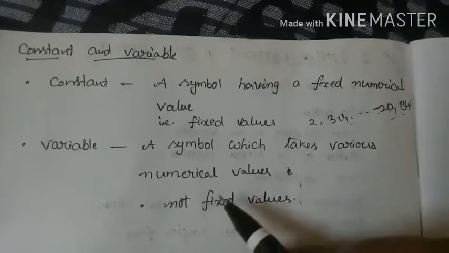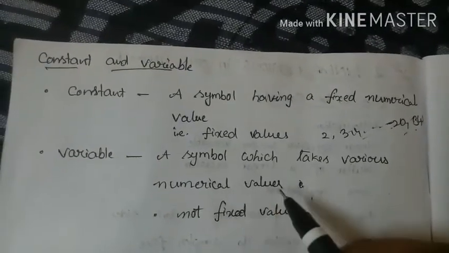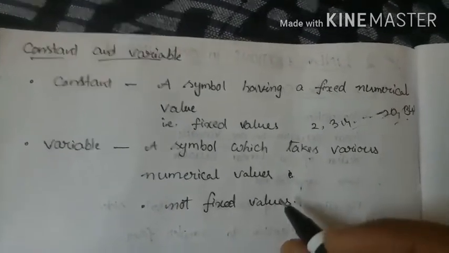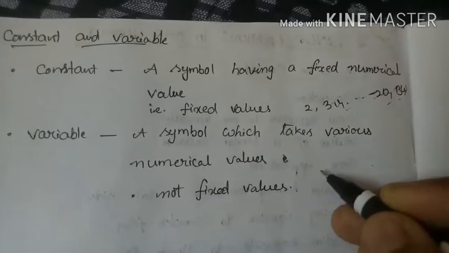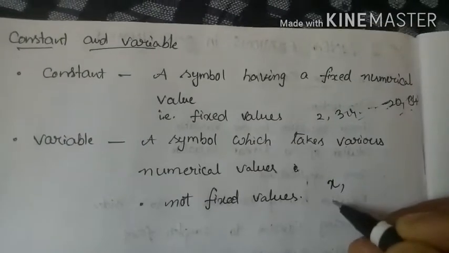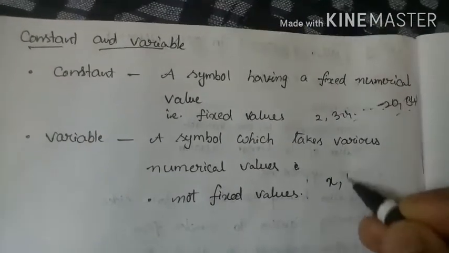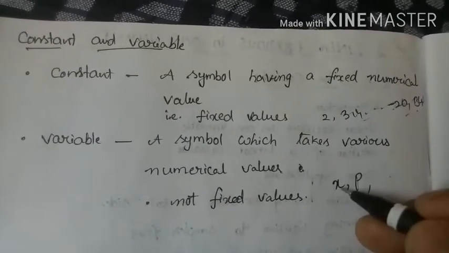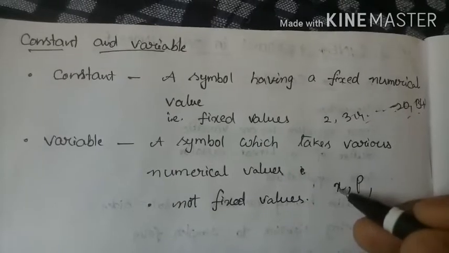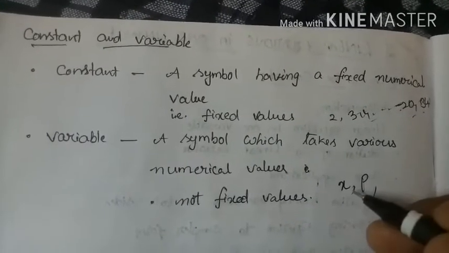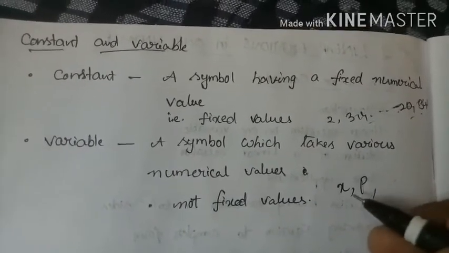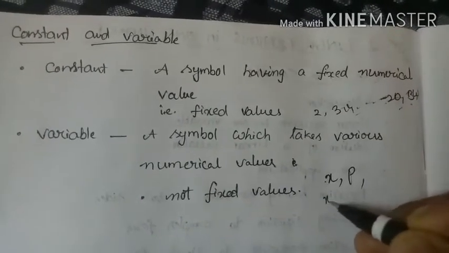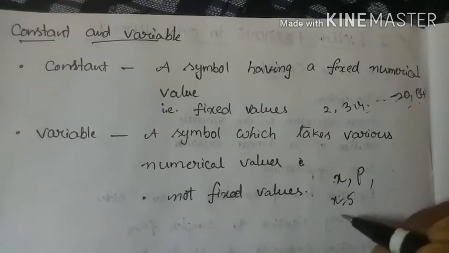Now variable, a symbol which takes various numerical values. That means there is no fixed value. Some examples we take are x. What is the x value? We don't know. P, we don't know. So take variables: x, p, q, r and a, b, c, all come under variables. Here x is equal to, I will say, 5.